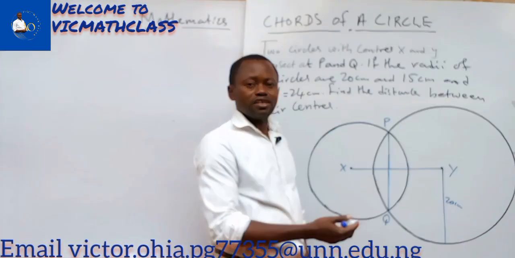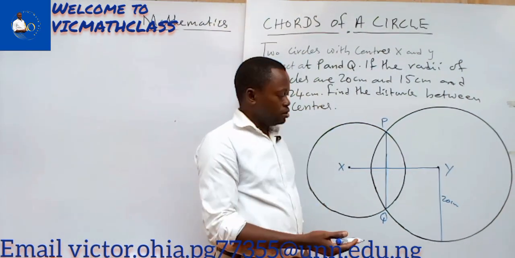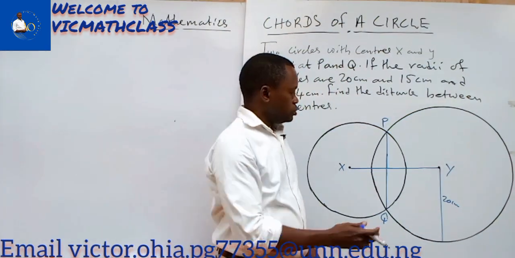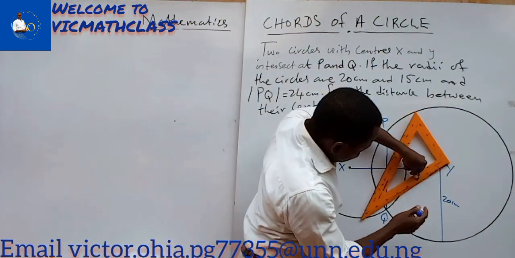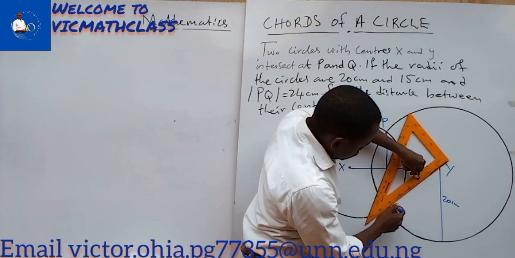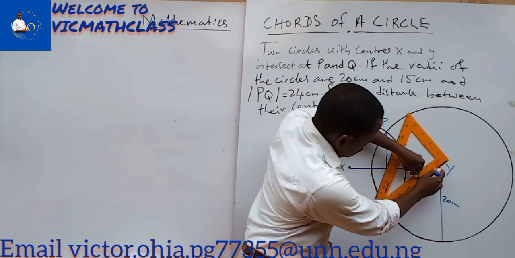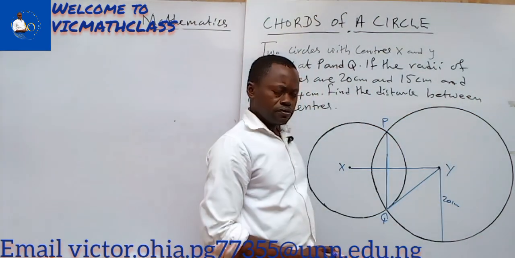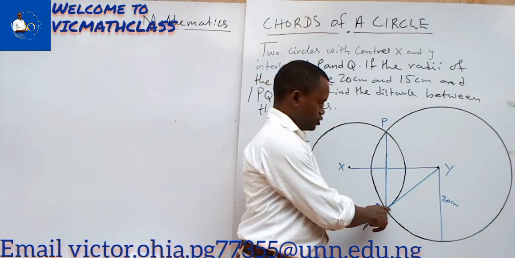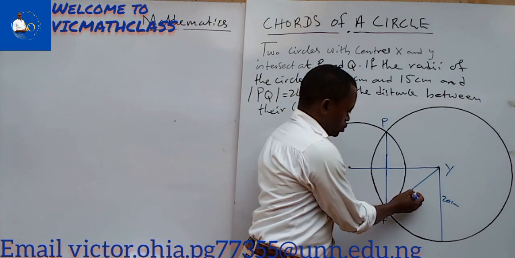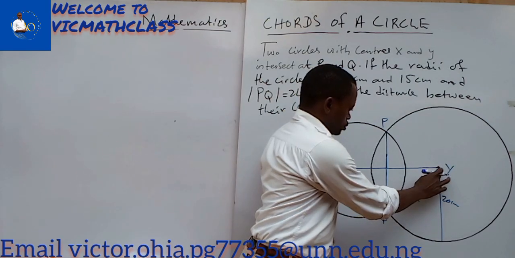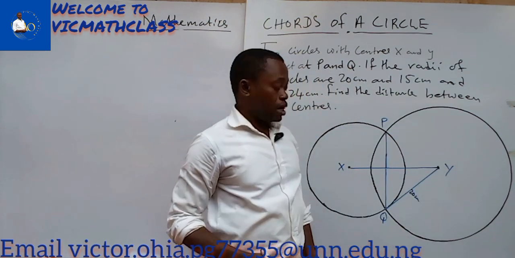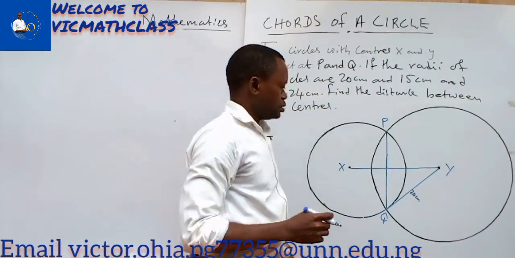If they ask me to find the distance between their centers, this line positioned this way cannot help me do that. So now watch, if I put it like this, still joining the center and the circumference. Did you notice anything now? This is the circumference, this is the center, and I can put 20 cm here and remove this one. I think it makes sense now.